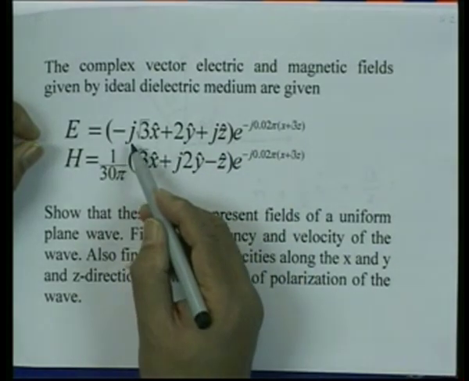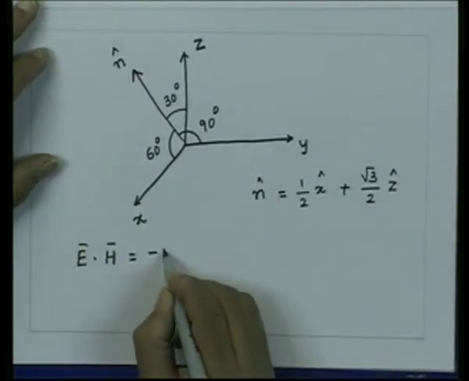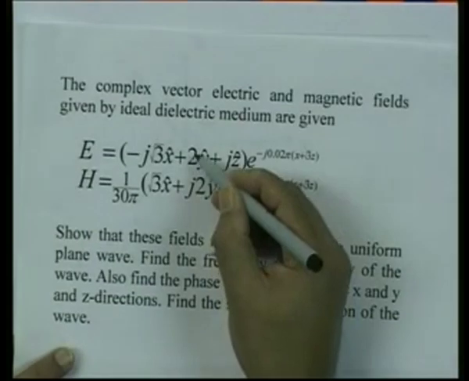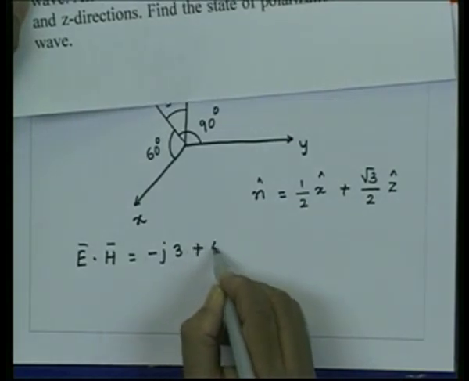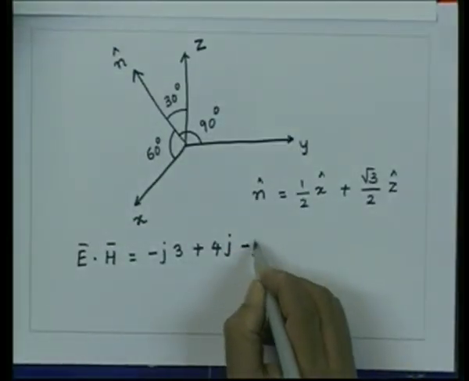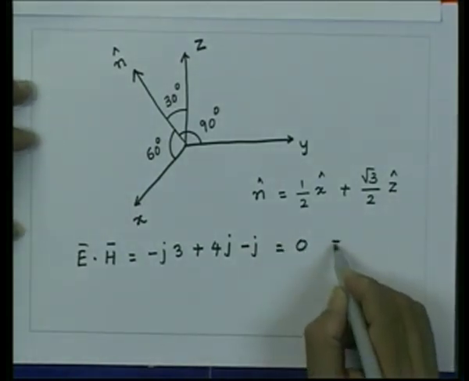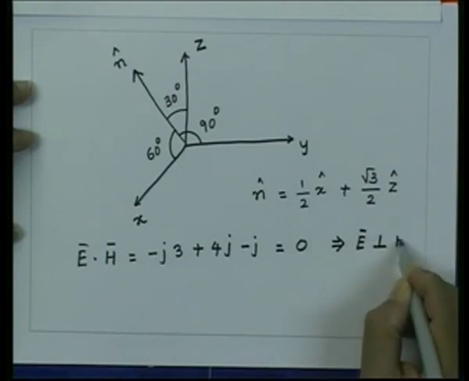So, this will become minus j into 3, that gives me minus j into 3 plus 4 into j plus 4 into j minus j. So, that is equal to 0. That means the electric field is perpendicular to the magnetic field.